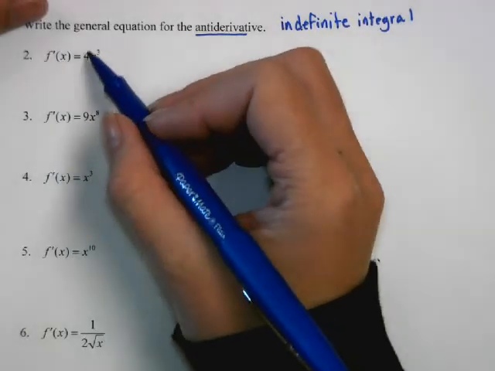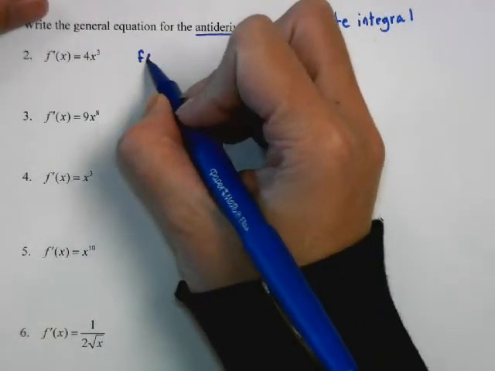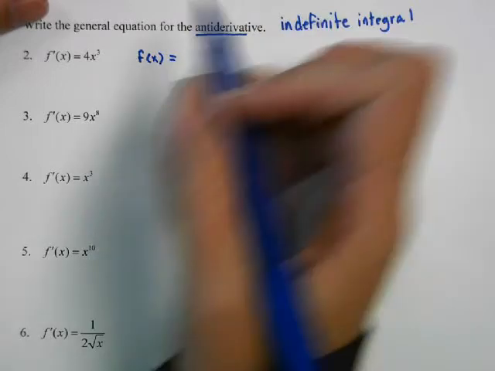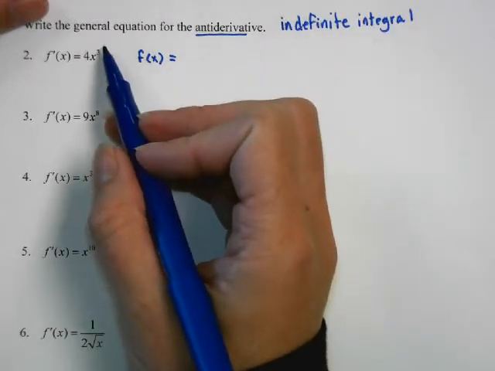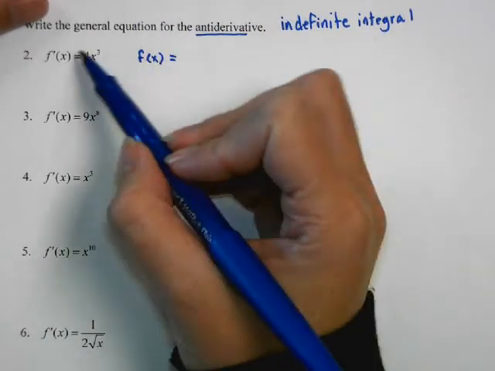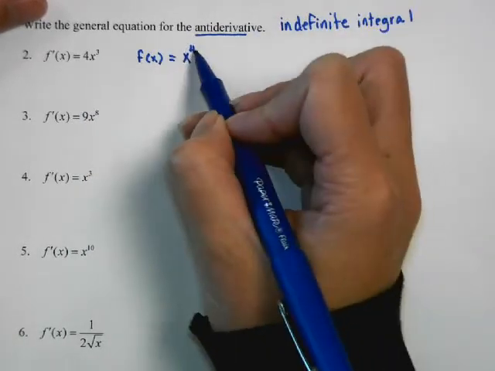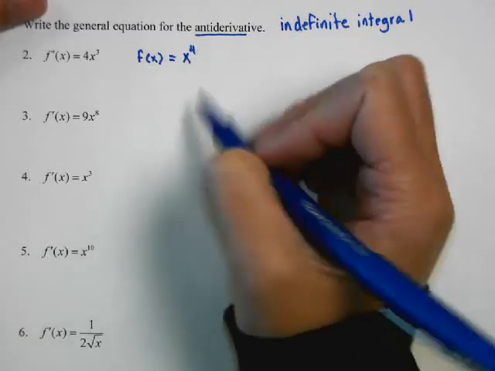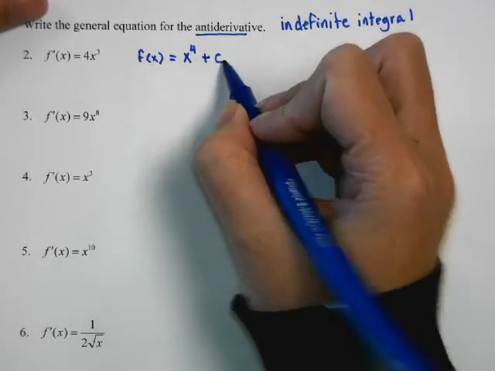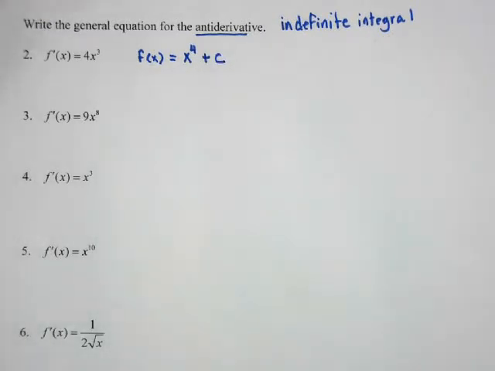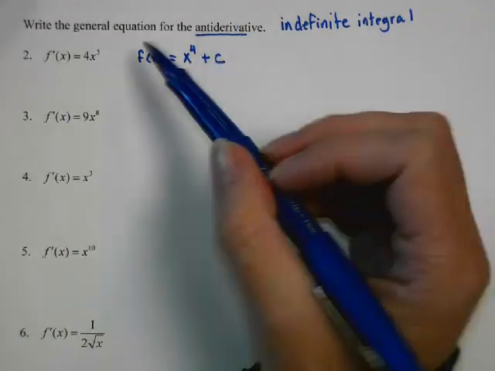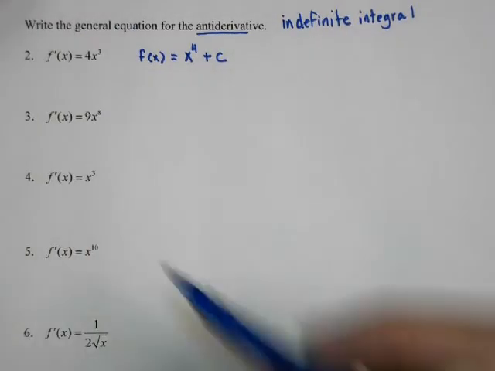If f prime of x equals 4x cubed, f of x, well, think about what I would take the derivative of that would result in this? Well, that's just going to be x to the fourth. If I take this derivative, we get 4x cubed, but there could be that constant. So that plus c is going to be a feature of any general equation.